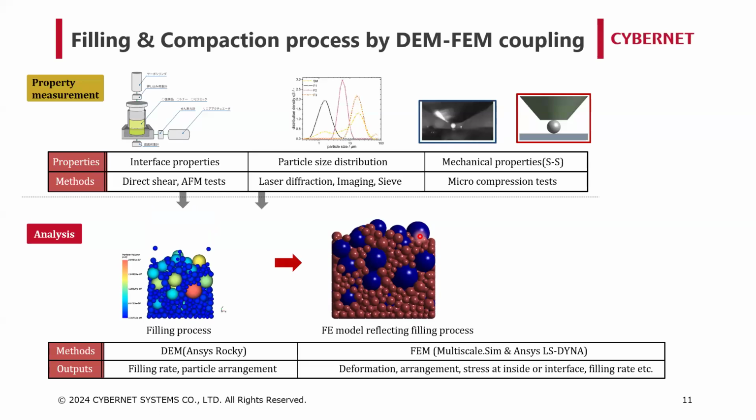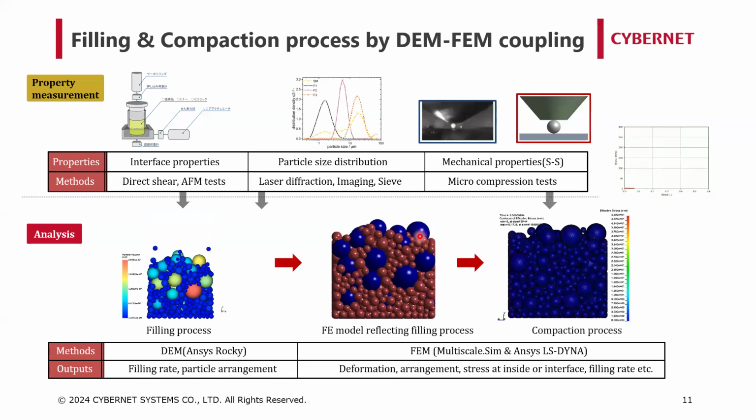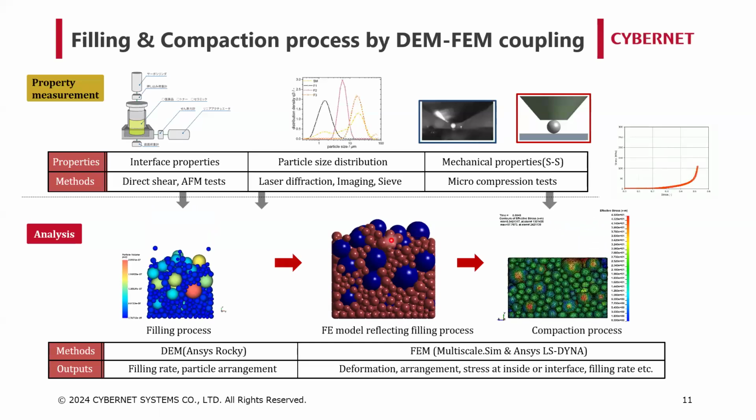The microstructure after molding should be obtained as accurately as possible. At this time, the particle arrangement at the start of compaction is one of the very important factors that will affect the results of the analysis.